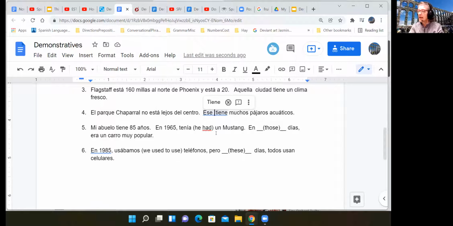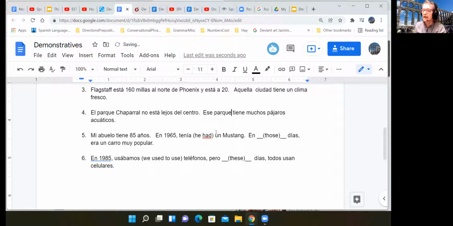I might choose to use the word parque. Ese parque. If I say no está lejos, it's not far, that's my cue that I don't want the far away category. And this is always hard to do on paper. When you see somebody and you're with them, you can see the physical distances, so it makes it easier.